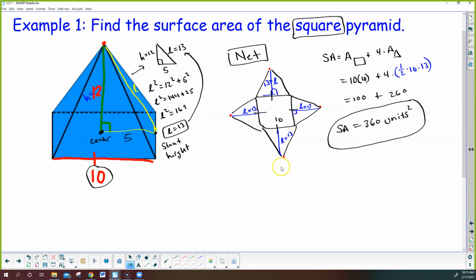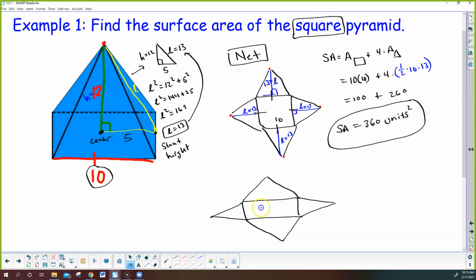Okay. Really quick, I don't want you to write this down, but I just want to show you visually, what if I had a rectangular pyramid? What would that look like? The reason why I want to show you this is so you can see that I couldn't use the exact setup here, right?